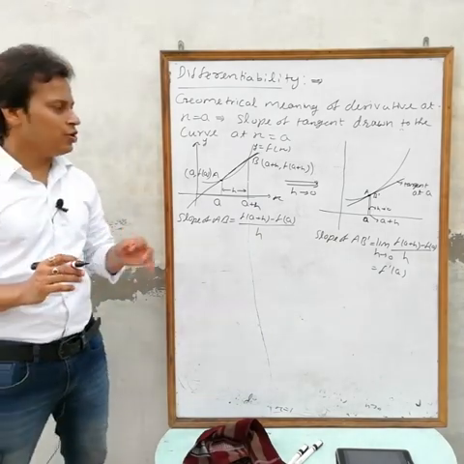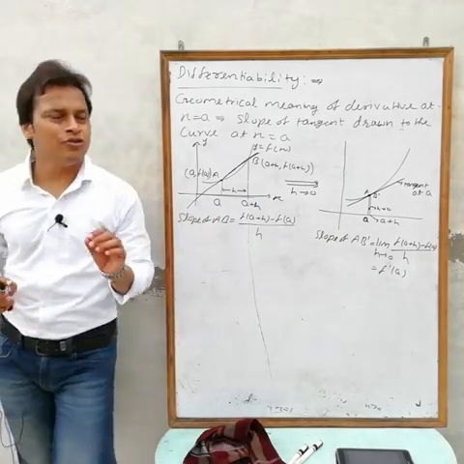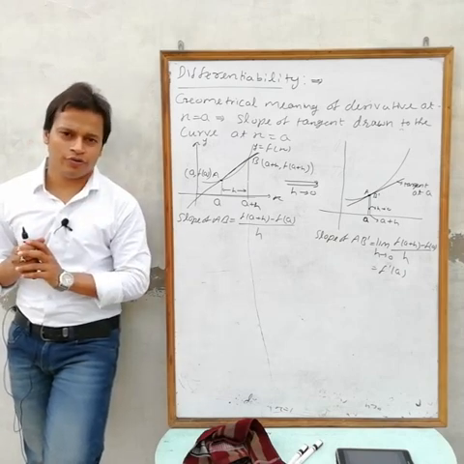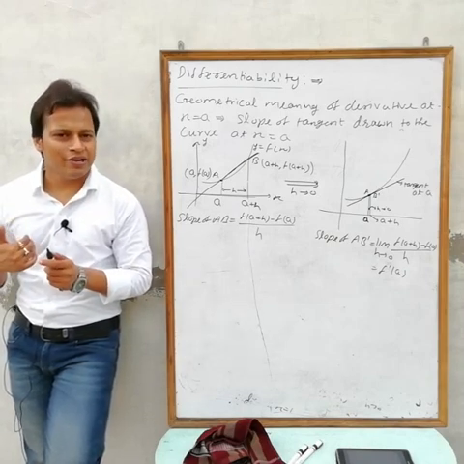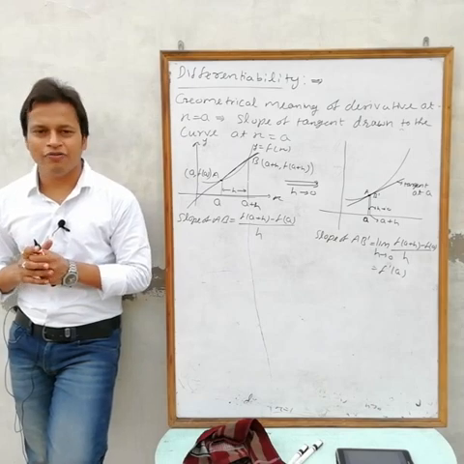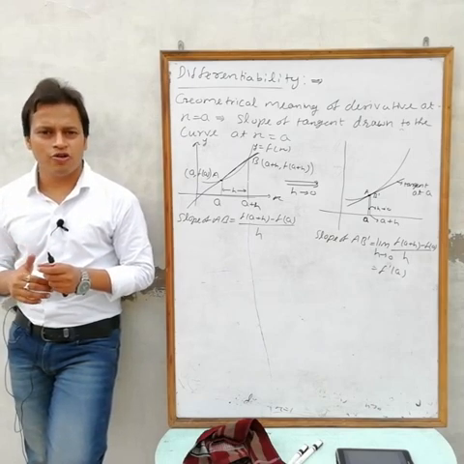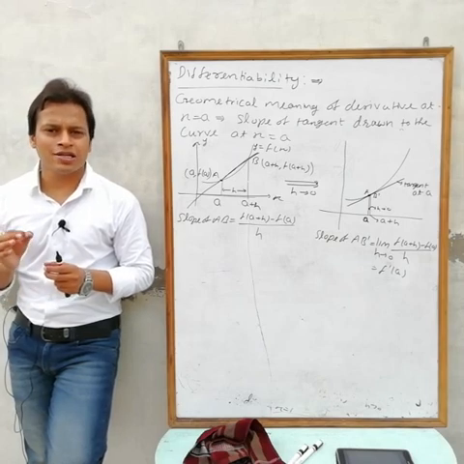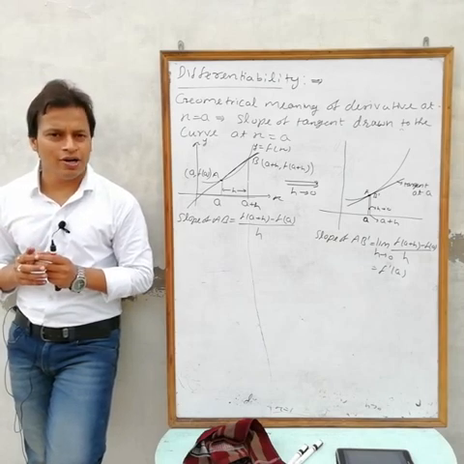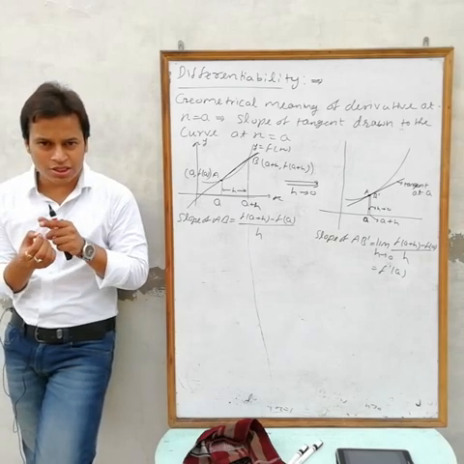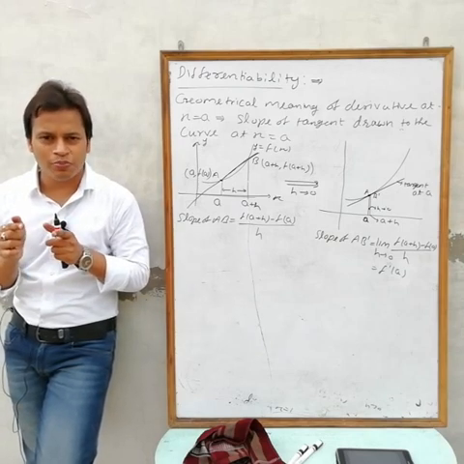Now actually, to get the derivative, what do we have to do? Just join any two adjacent points, then you will get the derivative at x equals a. Now again we have a problem. If you want the slope of the tangent at any point x equals a, meaning the derivative at x equals a, then you can join a with just the next point or with just the previous point.